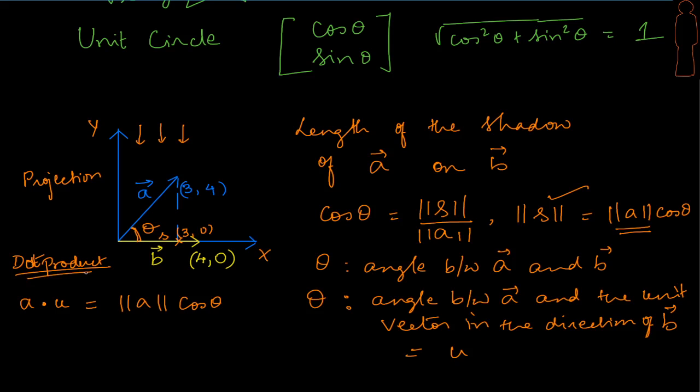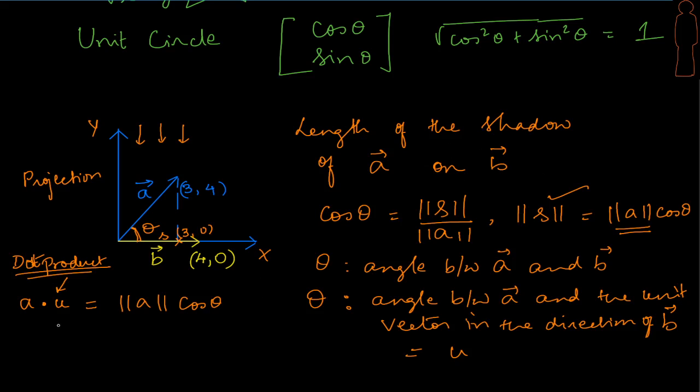A dot product is a scalar definition. It involves two vectors, but its output is a scalar. It's a number, a real number. So we pick up these two vectors and then bring up a scalar. What does that represent? It represents the length of the shadow of one vector on the other vector.